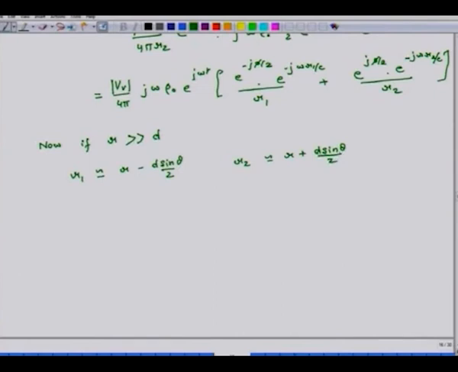Now I introduce these approximate definitions of R1 and R2 in my expression for complex pressure.